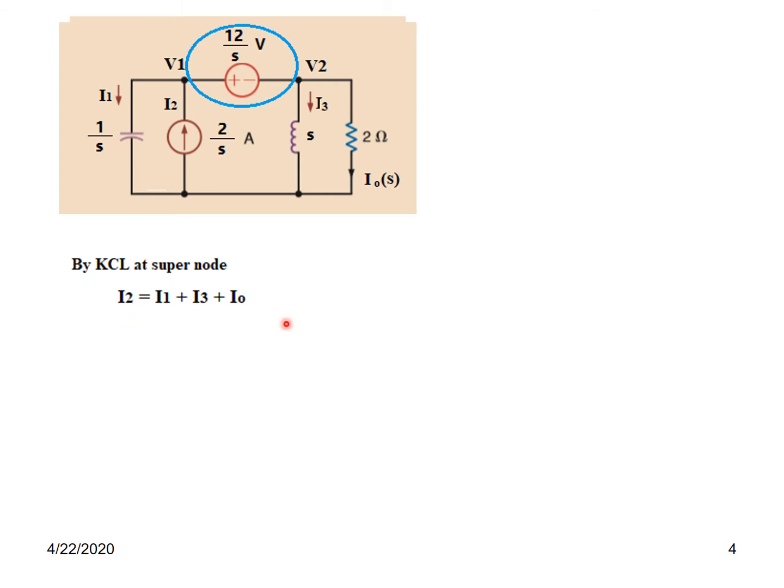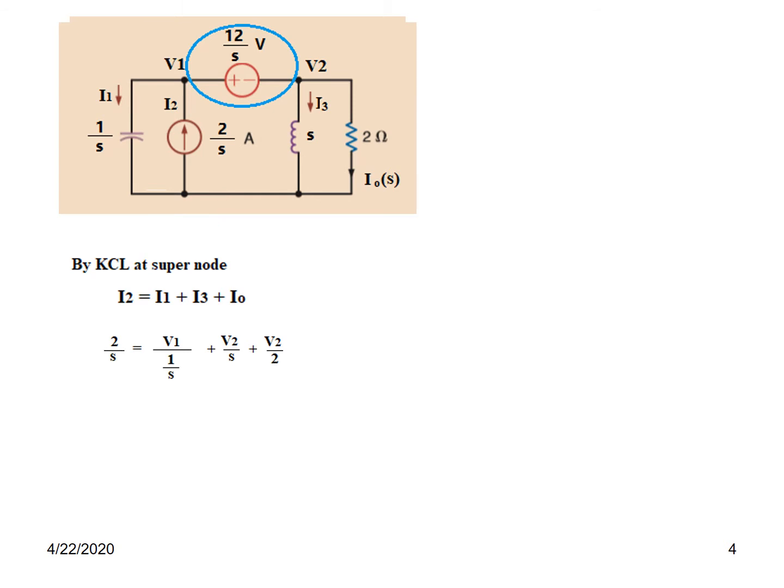And now we write these currents in terms of voltages. Since this is a current source, we'll write it as it is, so 2 by S. I1 is this current, coming from V1 to ground, so we'll write V1 minus 0 divided by this, but we generally don't write 0.